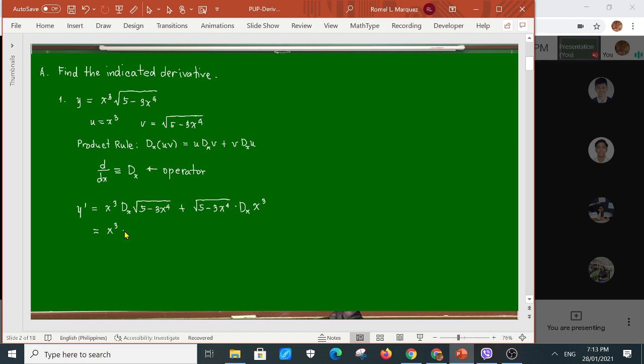The second is a radical, no? Square root. So what is the derivative of square root? Derivative of the radicand. Radicand means expression inside the radical.